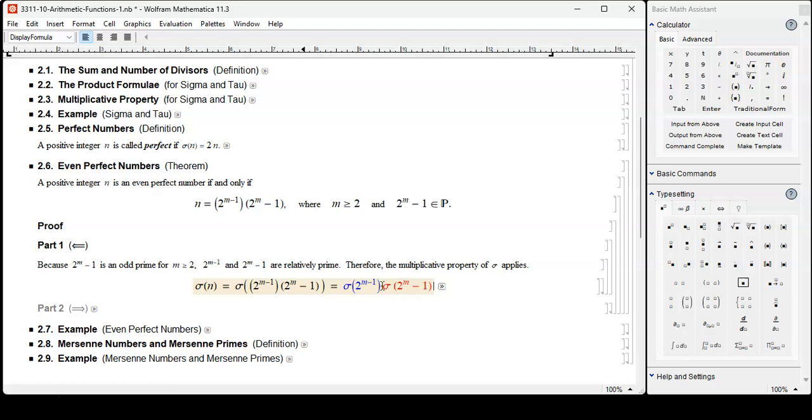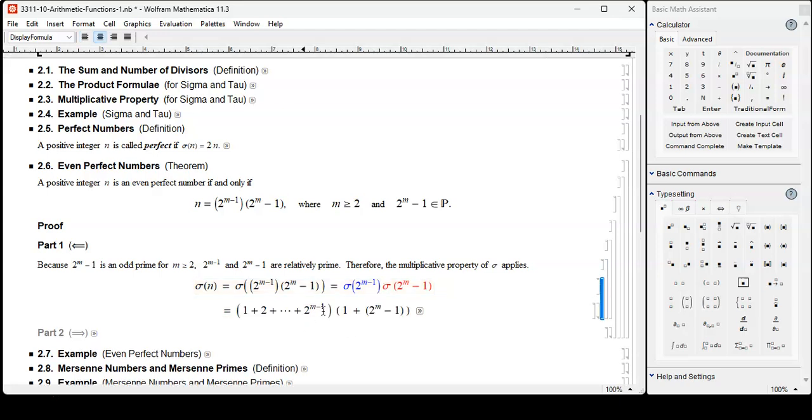Well, we have only 1 prime factor, so 2 to the 0 power, which is 1, and then 2 to the 1st power, 2nd power, 3rd power, 4th power, all the way up to n minus 1 power. That's it. So we can add them all up. That's going to give me a geometric series. And then for this prime, even easier, 1 plus itself.